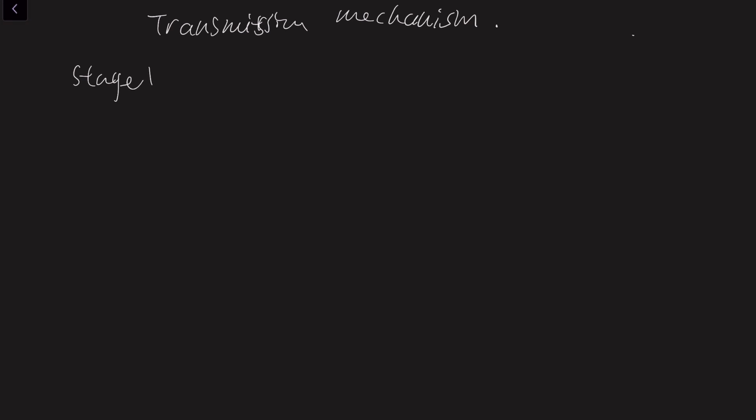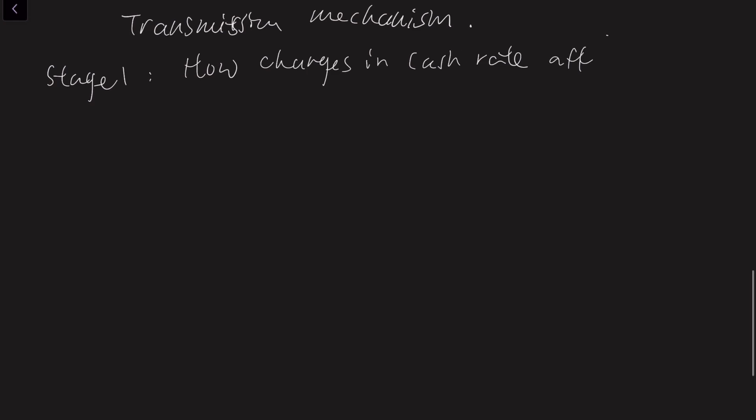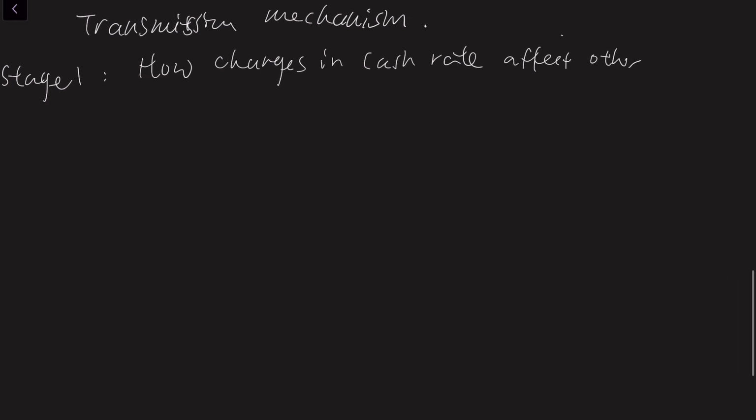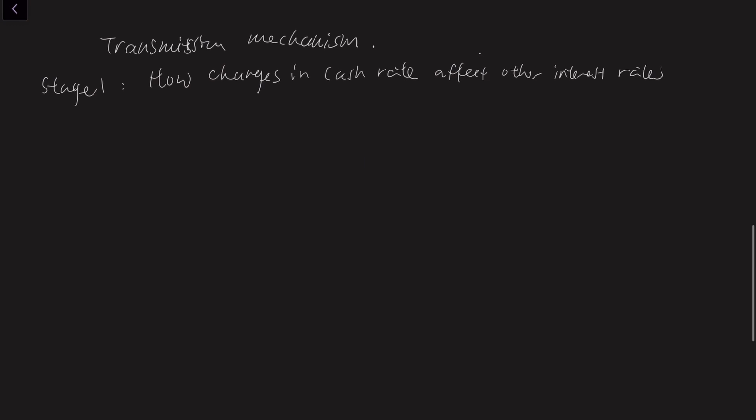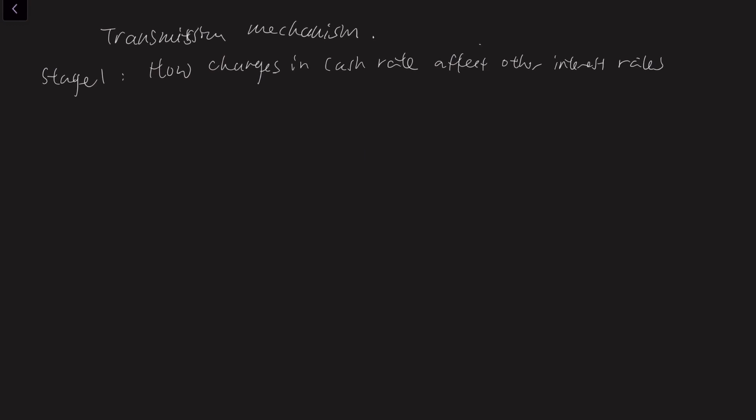Stage 1 talks about how changes in cash rate affect other interest rates. So the yield curve usually looks like this. Sometimes it can have a different shape.